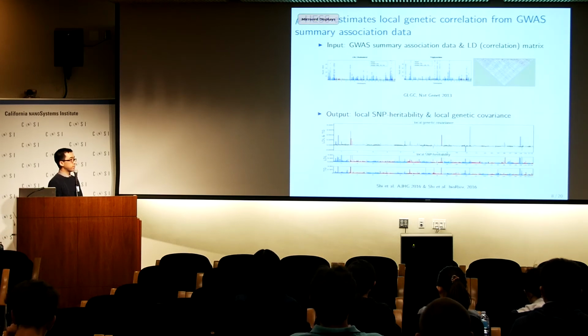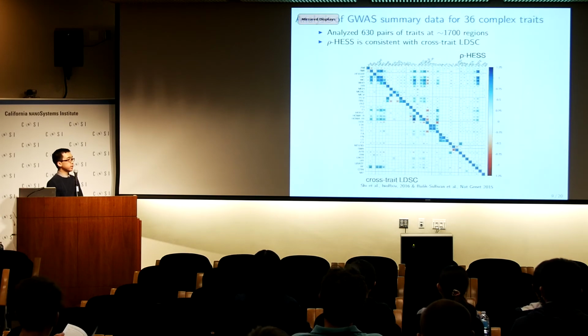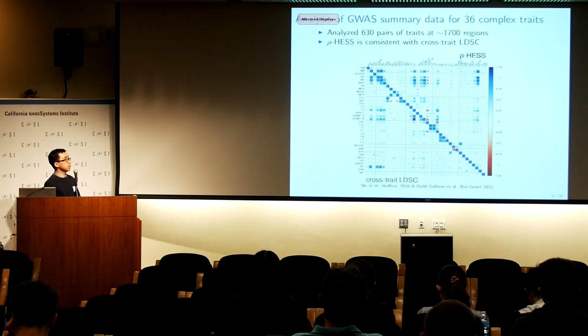So for a pair of traits, on each locus on the genome, p-HESS will output three numbers. One is the local genetic correlation, the covariance between the two traits, and the other two are the local SNP heritability for the two traits. So we went ahead and applied our estimator on 36 summary level data sets, which gave us a total of 600 pairs of traits, and we estimated the local genetic correlation on 1,700 loci.